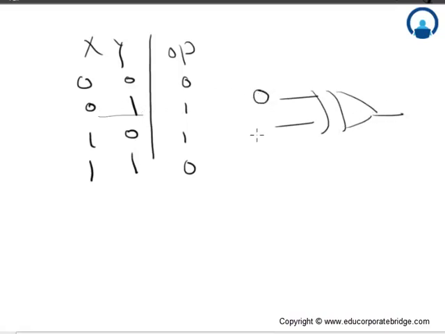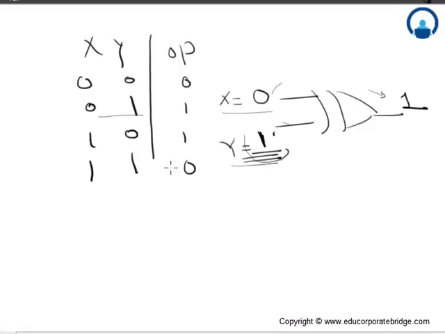If one input is 0 and the other input is 1, then if any one of the inputs is 1, the output will be the complement of the other input, which is clear from the truth table. Here X is 0 and Y is 1.